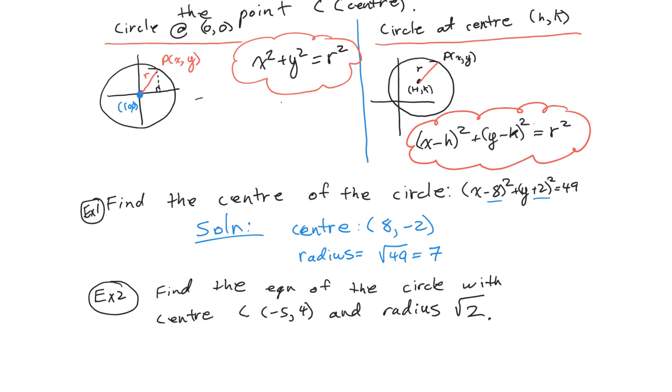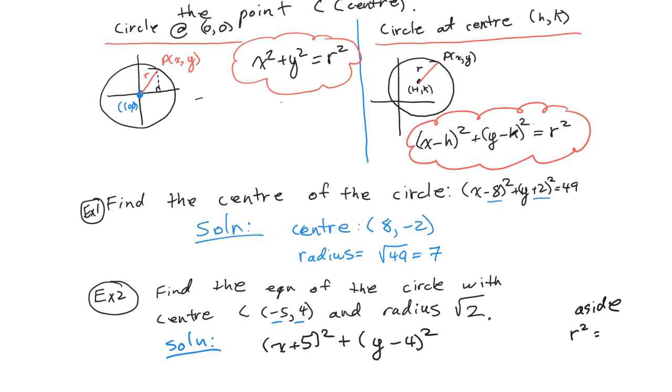So here is the solution. The solution for this one is we take the opposite of these two and put it inside each of our brackets. So for the x, we'll have x plus 5 squared, plus the y will be y minus 4 squared. And then, as an aside, we take r and we're going to square it.